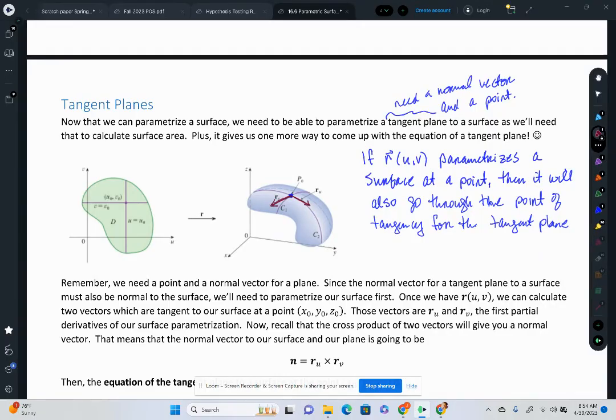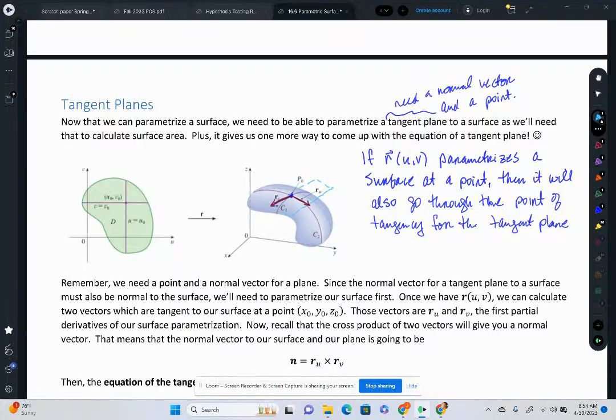Now notice, you can imagine that if we were to expand this, those vectors are also parallel to a tangent plane at that point, okay?